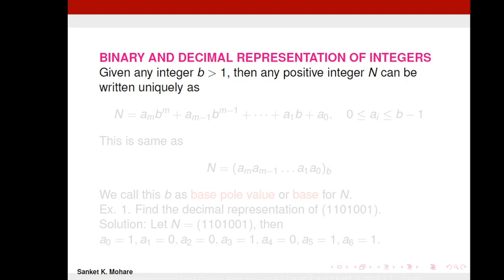Given any integer b greater than 1, any positive integer n can be written uniquely as n is equal to a suffix m b to the power m plus a suffix m minus 1 b to the power m minus 1 plus and so on plus a1 b plus a naught, where 0 is less than or equal to ai less than or equal to b minus 1, and i varies from 0 to m.